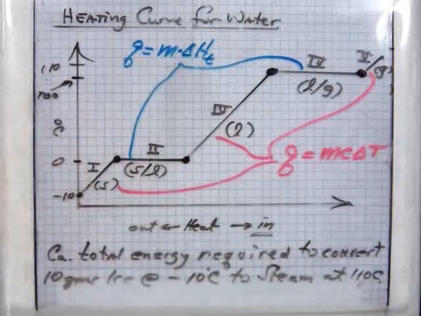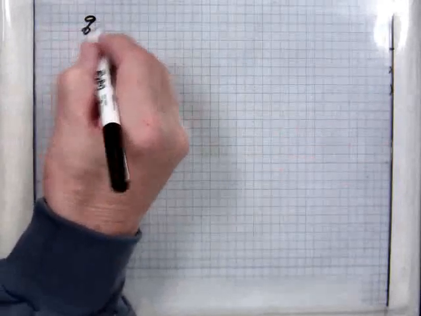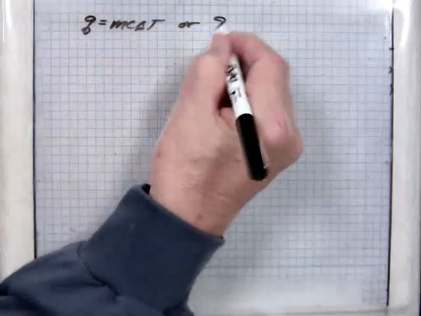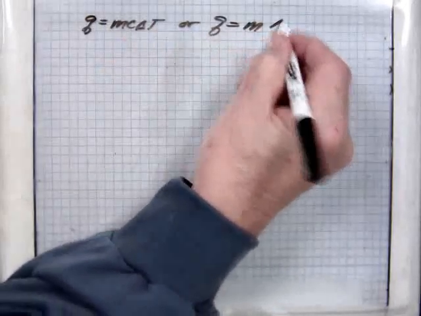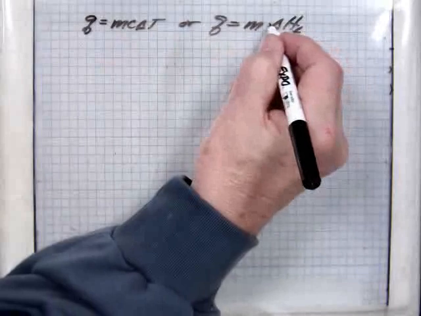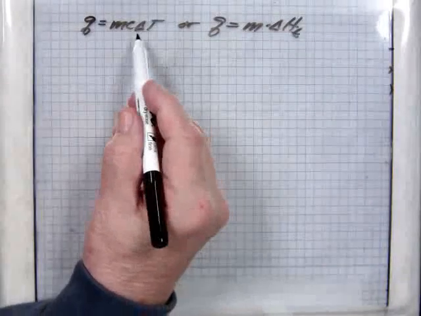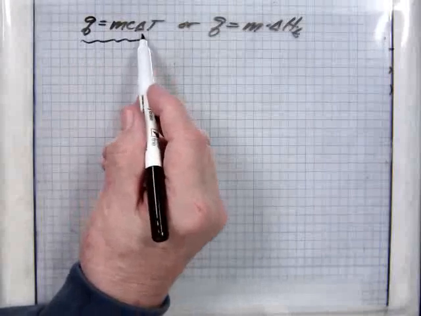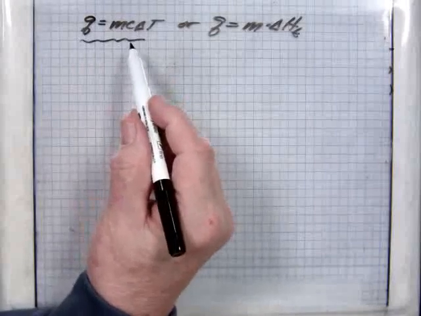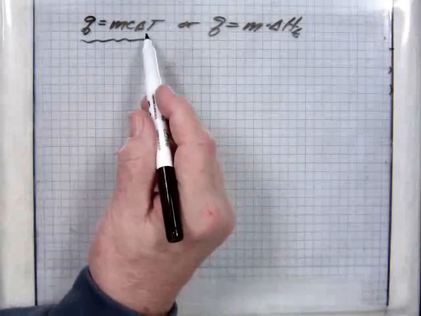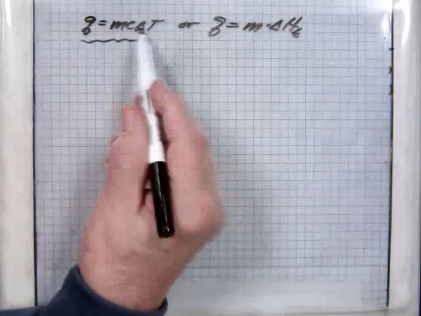So we're either going to be using Q equals MC delta T or Q equals M delta H of the transition times the transition constant. One of the things that you should note here is that when you're asking about a problem in calorimetry, that's what this is, if it has a temperature change, you simply use this equation.